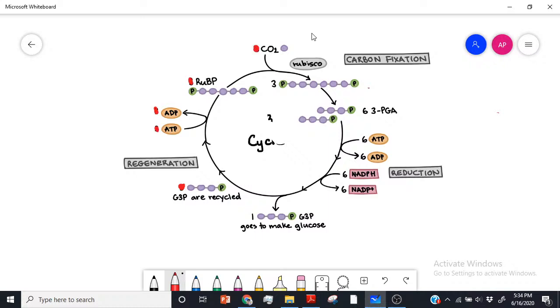Fast draw the diagram. Okay, you're drawing the diagram. I'm waiting for you. Once you finish off drawing the diagram, do let me know. I will start.